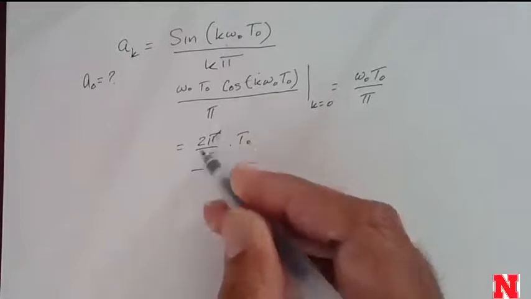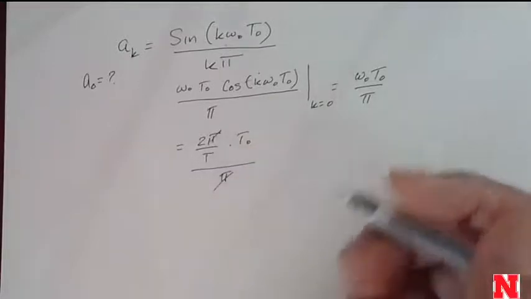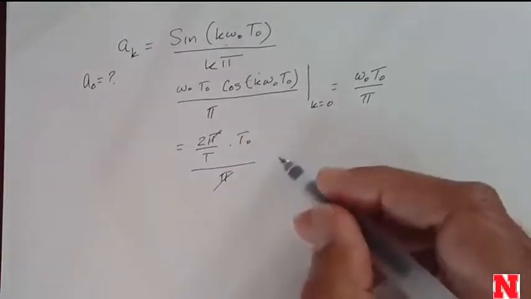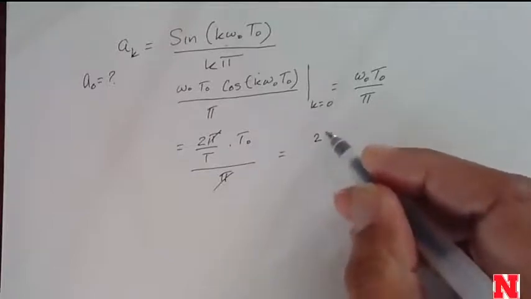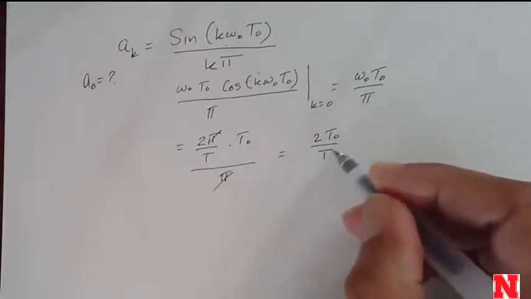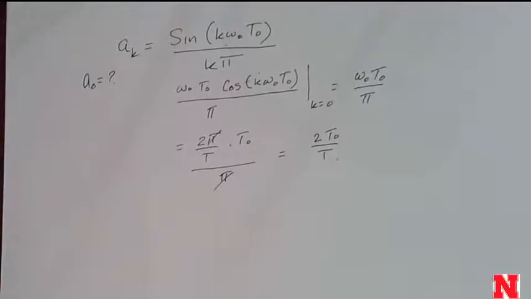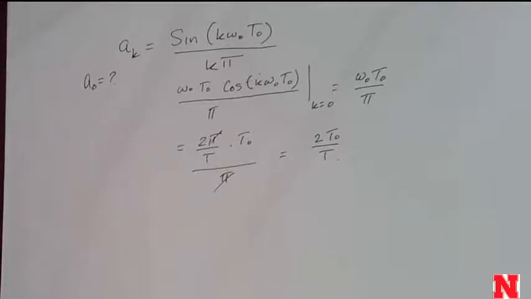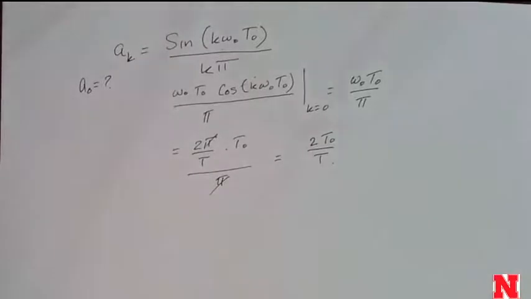The pi's will cancel out, and we'll get 2 t naught over T. So depending on the pulse width, we'll get a different value for what a sub 0 is. Okay, let me take just a few minutes, and then we can find what a1 is and a2 is and all that kind of stuff.